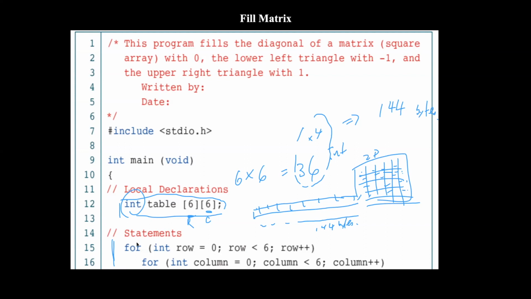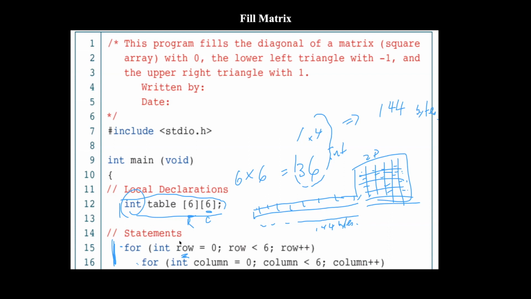Now, let's look at the very next step. We write a for loop here. As you know, this is a 2-dimensional array, so there need to be nested for loops: an outer loop and an inner loop. Whether we start with rows or columns doesn't matter, but this code illustrates starting with rows.